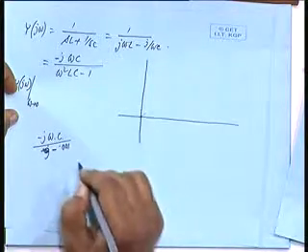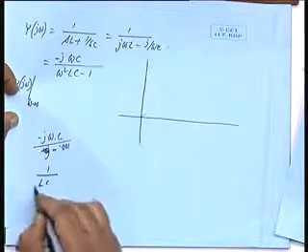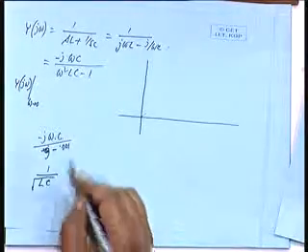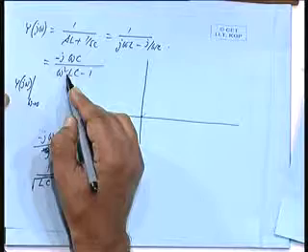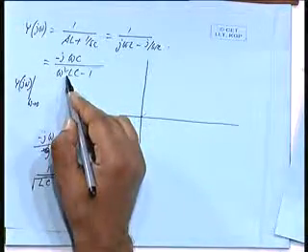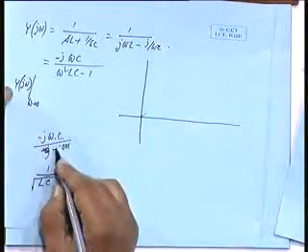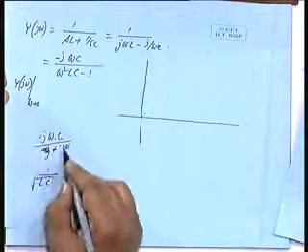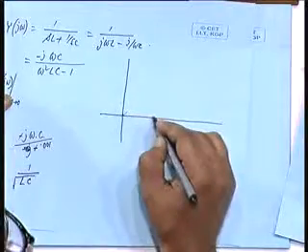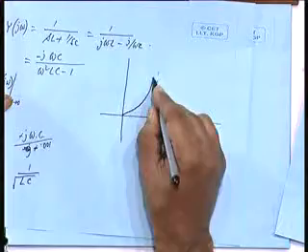When I approach this frequency 1 by root LC from the lower side, this quantity is less than 1 in magnitude, so it is a negative very small quantity, and the overall function will tend to a very large value.